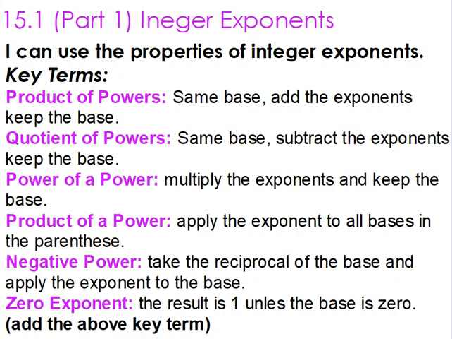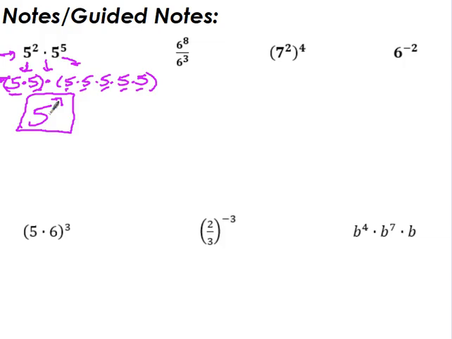This is a product of powers. A product, I'm multiplying two numbers with the same base. They both have a base of 5. And I'm adding their powers together. So whenever we have the same base, like that, I'm sorry, I put a plus sign there.